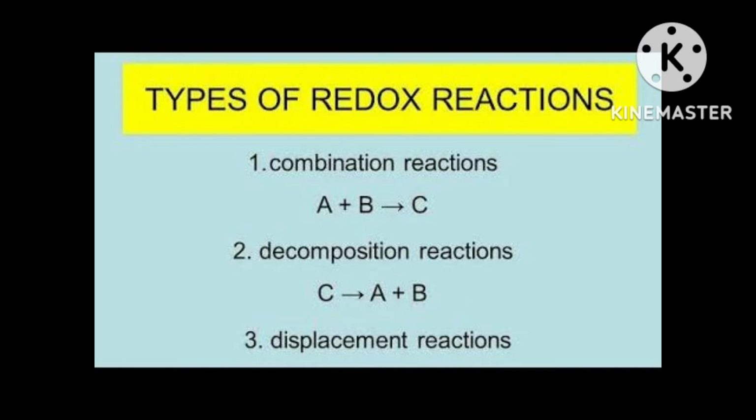Here, how can you tell it is a redox reaction? The first example I told you, C plus O2 gives CO2. What is the proof?